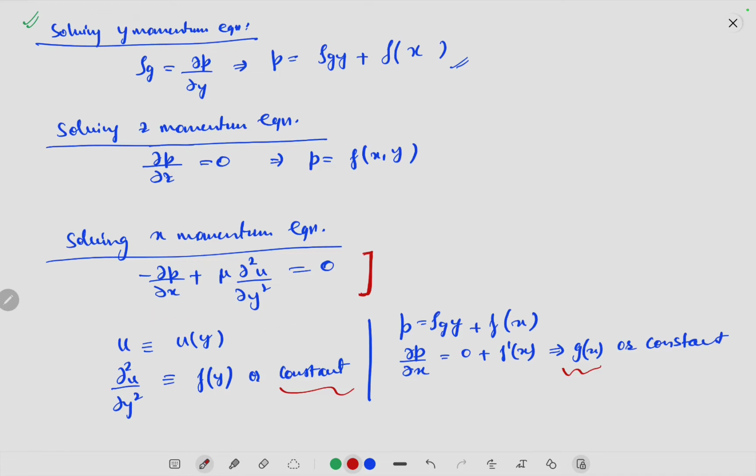I think I've written it wrong. So let's say this was a function of y and this was a constant quantity, then can this always be 0 at all y's? Of course not. So then what will these two quantities be? There will be nothing but constant.